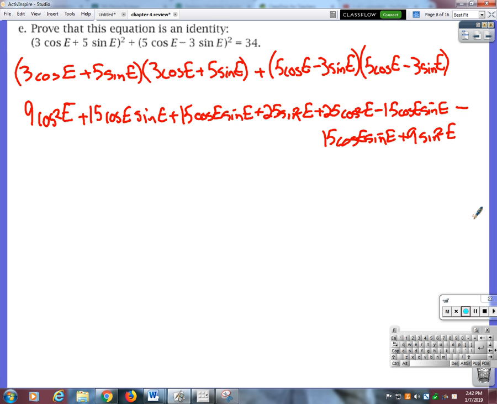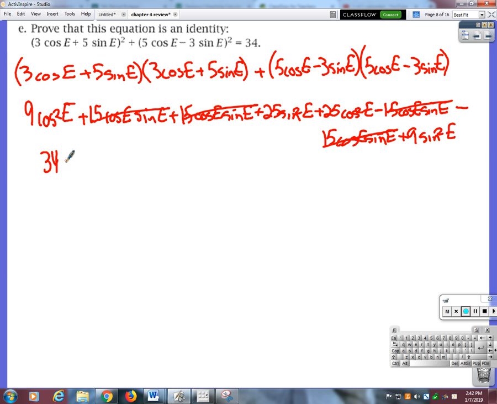Okay, so that is a mess, but there is salvation waiting for us at the end of the road. We got a ton of canceling to do. 15 cosine E sine E cancels with negative 15 cosine E sine E. 15 cosine E sine E cancels with negative 15 cosine E sine E. How many sine squareds do I have altogether? I got 9 sine squareds right here. I got 25 sine squareds right there. How many do I have? 34.